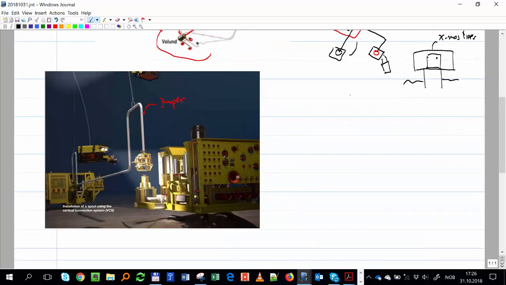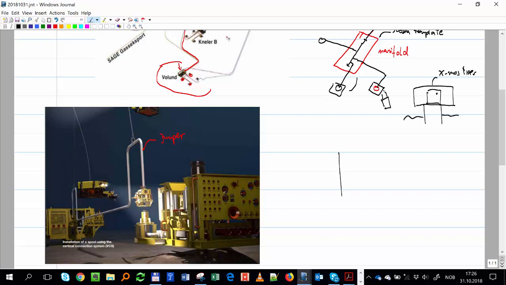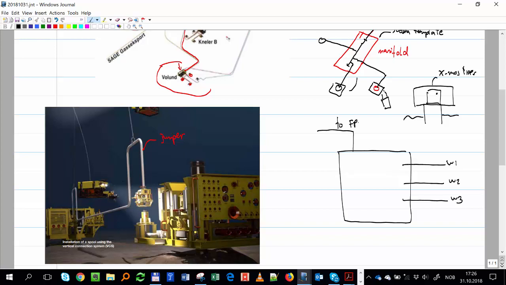So the manifold, or this template, if we look in detail, we have three wells coming in: well one, well two, well three, and we have one line coming out, which goes to the FPSO. FPSO stands for, does any of you know?